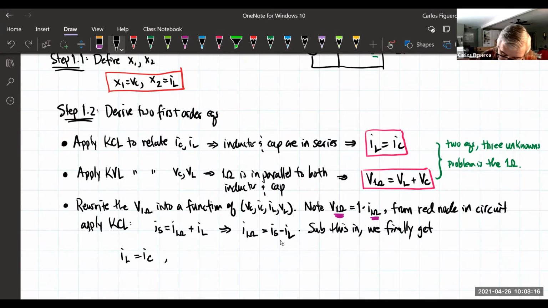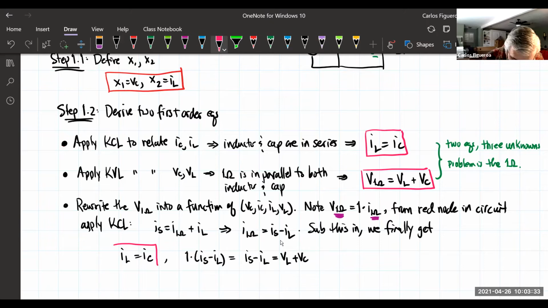And now look at this. This is going to be what? 1 times IS IL, which I'm going to write as IS IL, is then going to be VL plus VC. So now I have my 2 equations and 4 unknowns.